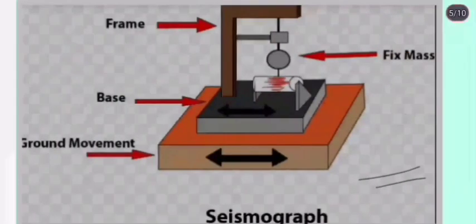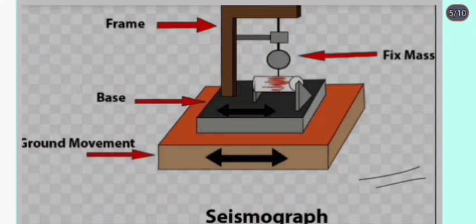Now we will see the seismograph. What is a seismograph? A seismograph measures the intensity of seismic waves. It consists of a frame, a base, and a fixed mass.